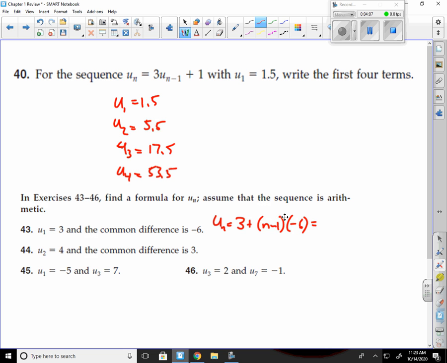I can distribute my negative 6 now. It gives me 3 plus negative 6n plus 6. Negative 6 times n gives me negative 6n. Negative 6 times negative 1 gives me positive 6. 3 plus 6 is 9, so I have 9 minus 6n.